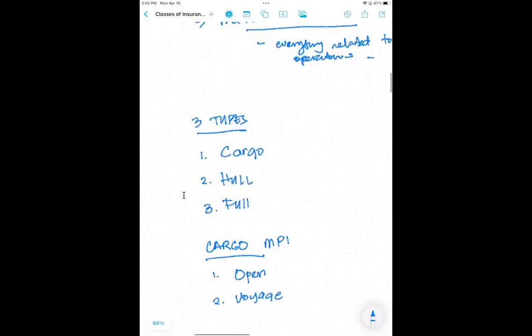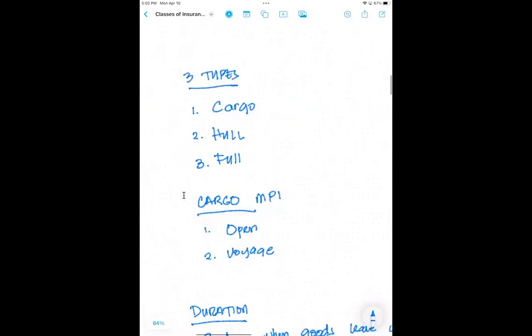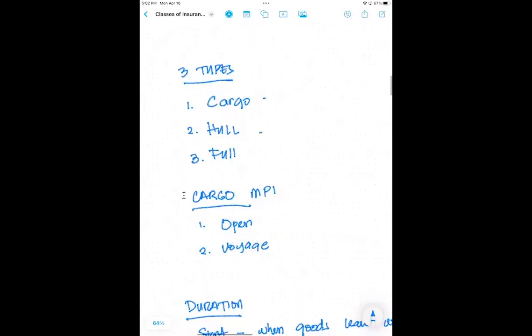We have three types of marine insurance policy: first, cargo; second, hull; and third, full. When we say cargo marine insurance policy, of course, we are referring to insurance on the cargoes. In a hull marine insurance policy, the vessel is the subject of insurance.